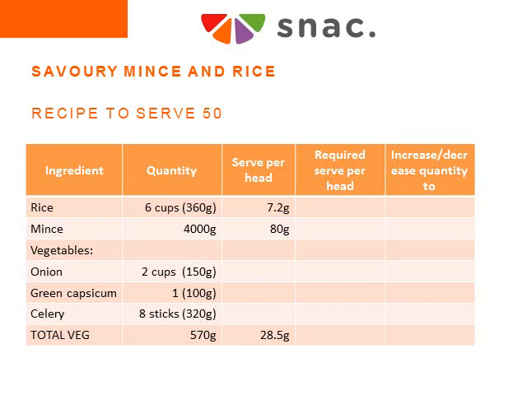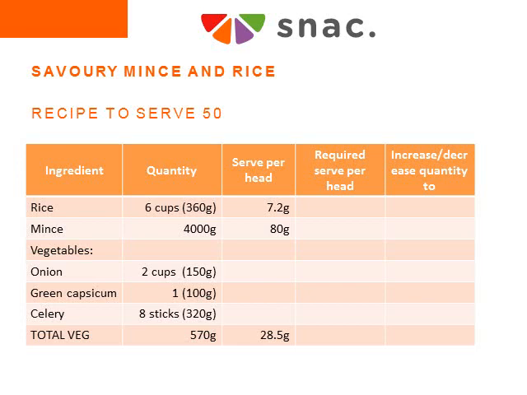We'll see they've got 6 cups or 360 grams, which when you divide it by 50 actually equates to only 7.2 grams a serve per head. Likewise, if we look at the mince, we've got 4,000 grams or 4 kilos. And again, if you divide that by 50, that gives us a serve size of 80 grams.